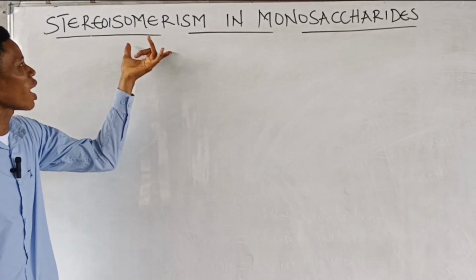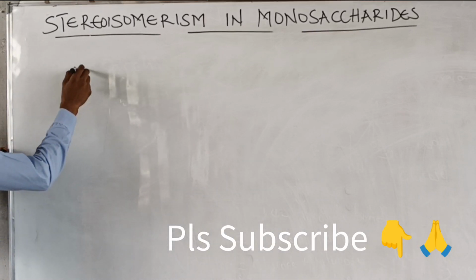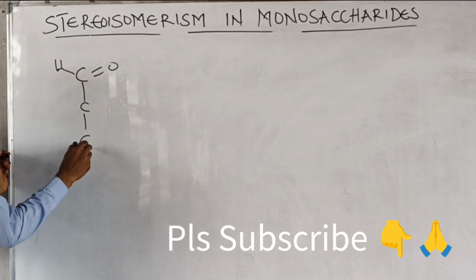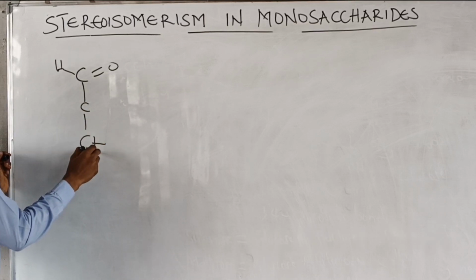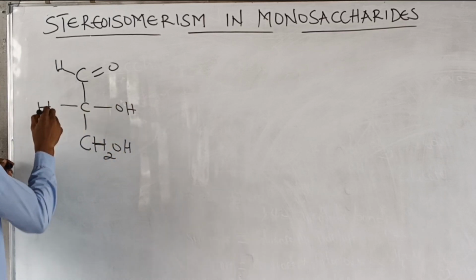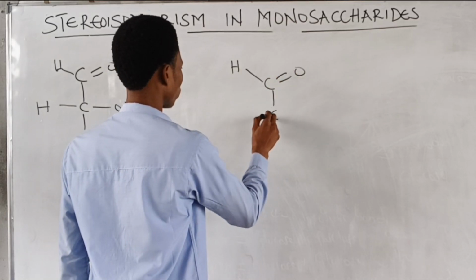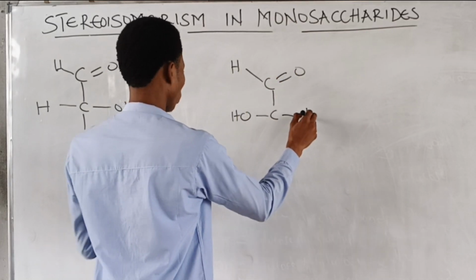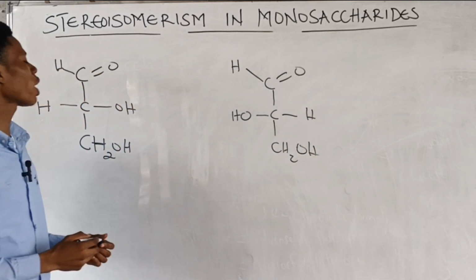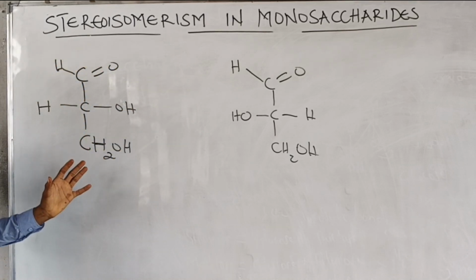So, we are going to look at stereoisomerism in monosaccharides. Let me give an example. If you have something like this, now, if you look at these two molecules, you agree with me that the molecular formula will remain the same, right?